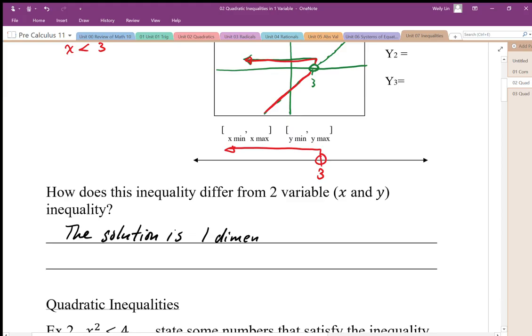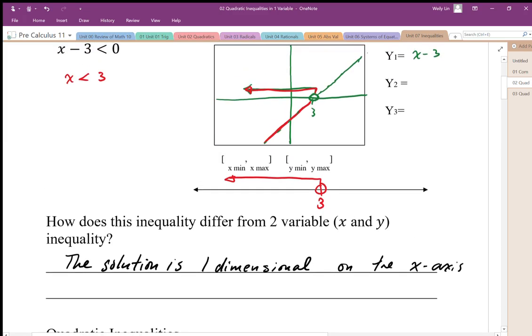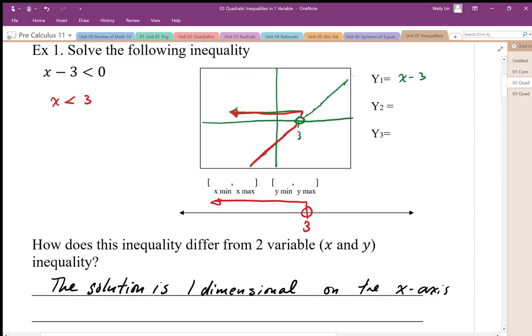Meaning it is on the line, on the x-axis. Okay, so the solution is along the x-axis. So this is a linear inequality of one variable. Okay, and we have a one-dimensional solution.